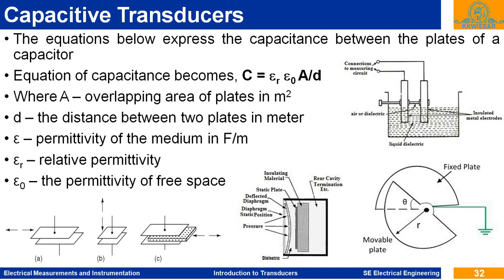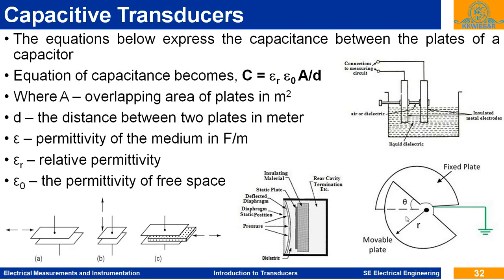This is the normal position of the diaphragm. When pressure is applied on this diaphragm, the dielectric medium between these two plates changes its mu r, mu 0. Based on this change, the capacitance will change, so that we can measure the pressure.